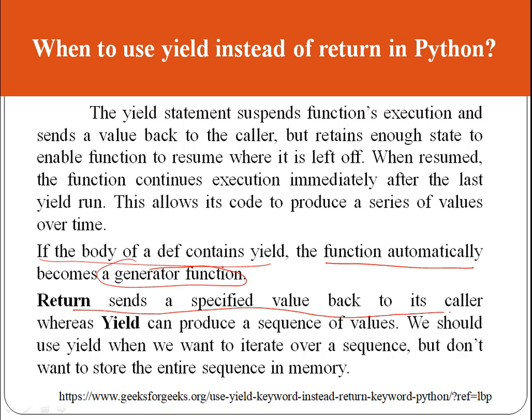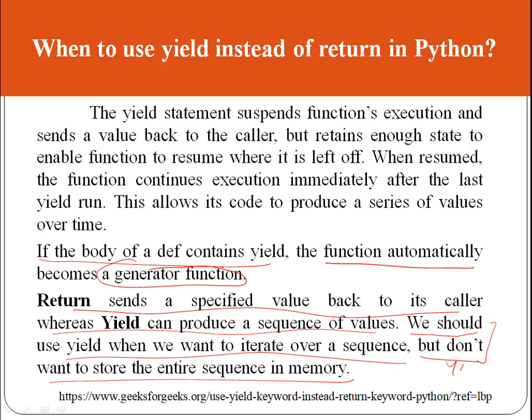So when should we use it? We should use yield when we want to iterate over our sequence, but don't want to store the entire sequence in memory. Then you will be using yield. Here is a simple program to demonstrate the working of yield.